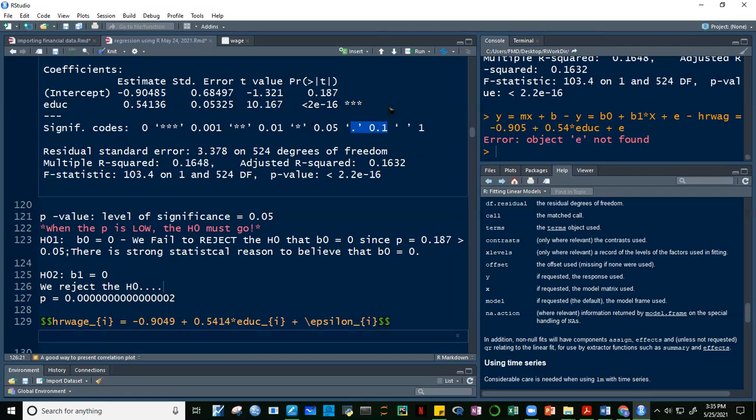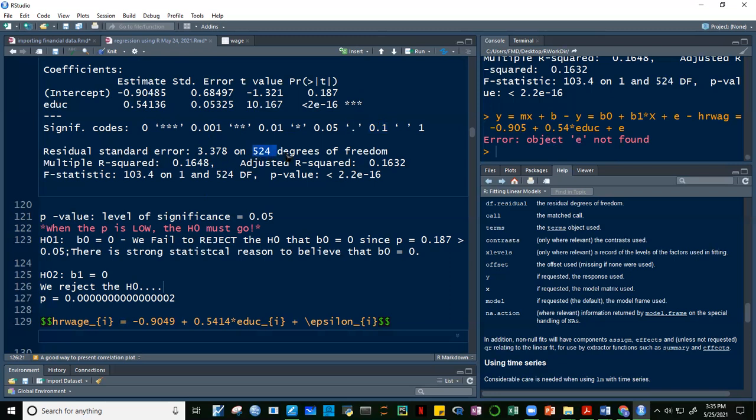Pero sa iba halos pareho din. Yung iba naman, medyo iba. But generally, ito yung magsasabi sa atin kung significant siya. This is not significant, wala siyang asterisk. This is significant, tatlong asterisk, significant at 0.001 or 0.1%. Okay, next. Standard error, okay.